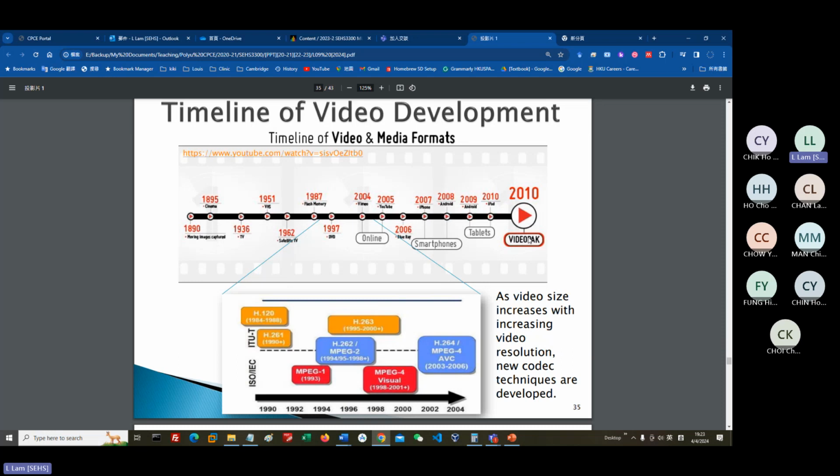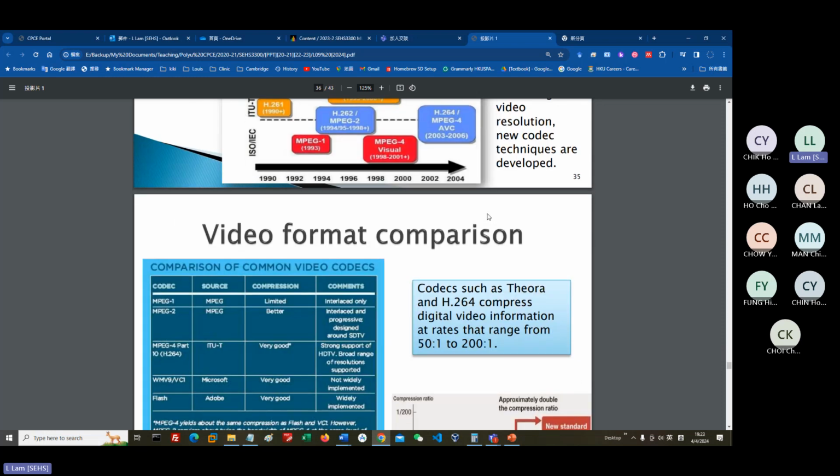But when it comes to the mid 1990s, there are quite a lot of technologies that appear. For example, H.263, we have H.262, we call it MPEG-2, we have MPEG-1 or even MPEG-4. And nowadays, we always make use of H.264, MPEG-4, and this one is the most common and popular video compression or codec format for our video.